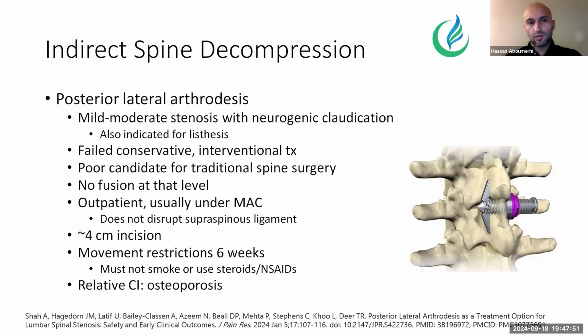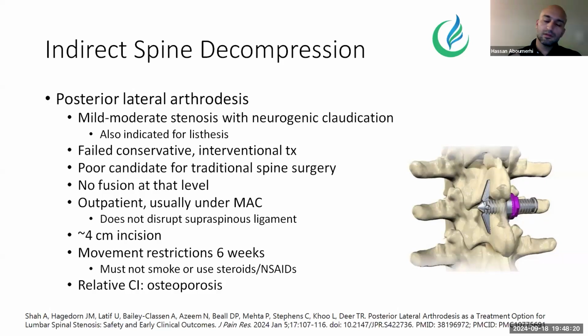And the difference with this particular technique of posterior lateral arthrodesis is you avoid making an incision over the supraspinous ligament, which potentially could be providing more integrity to the spine. So by avoiding incising that as with the previous procedure and coming in from the side, you preserve a little bit of the spine's natural anatomy and integrity.